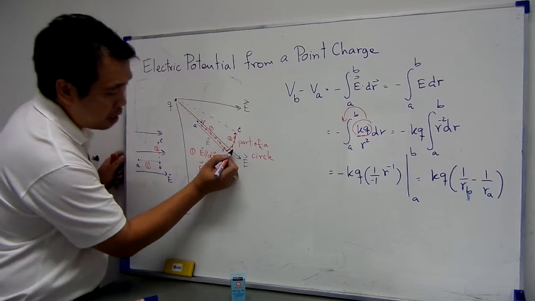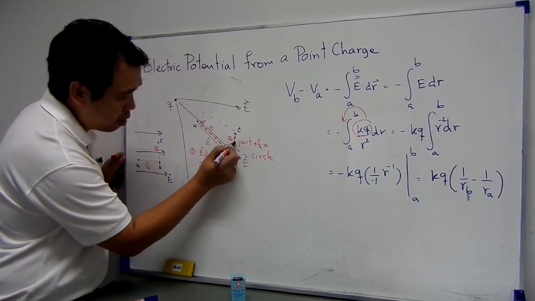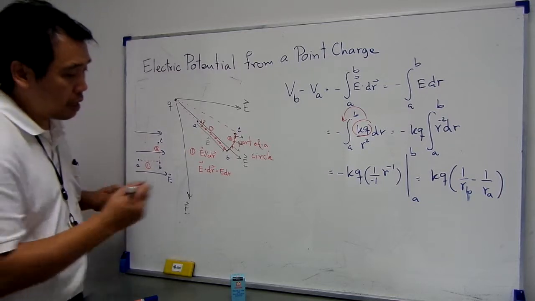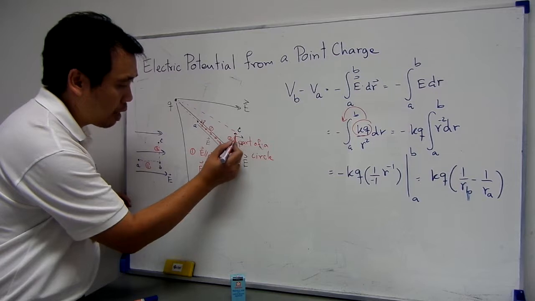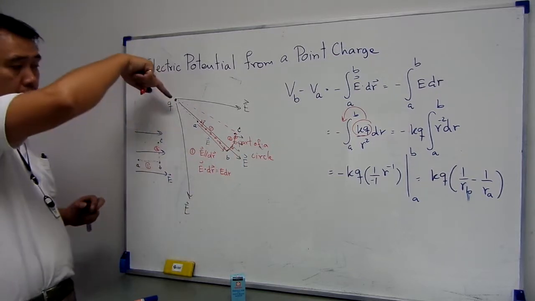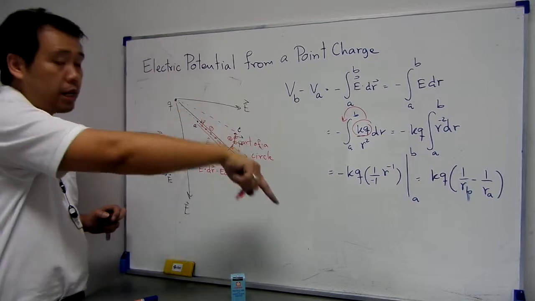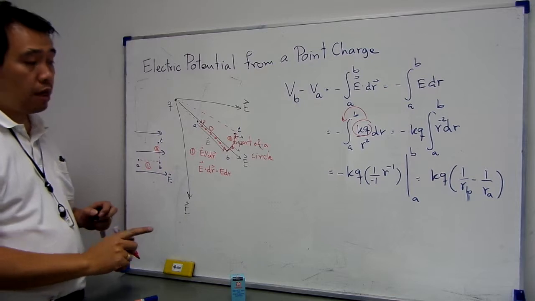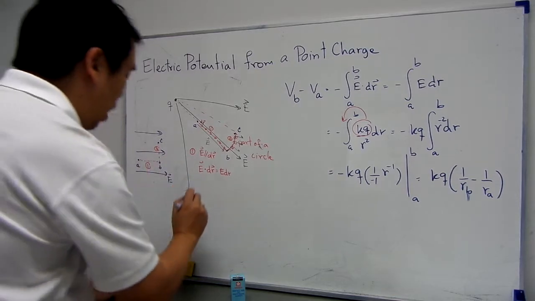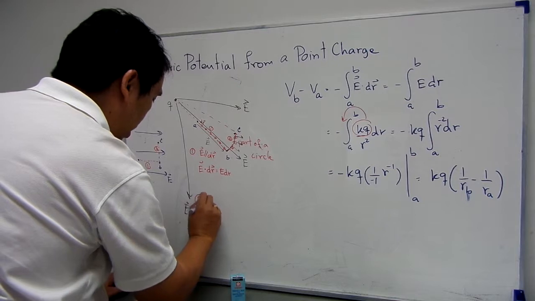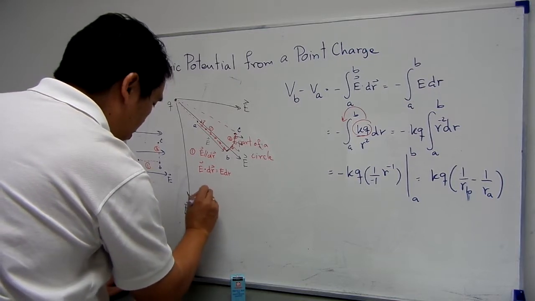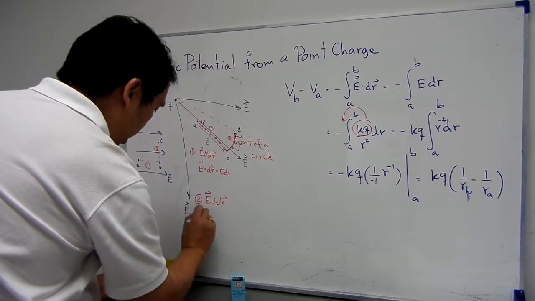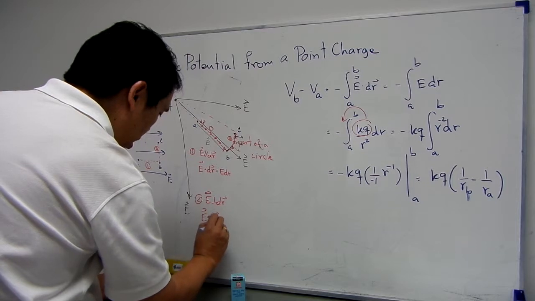So, at each point on this part, dr is always perpendicular to E, because E points in the radial direction, but dr points in the tangential direction. So in the second part, E is always perpendicular to dr, which means that E dot dr is equal to 0.